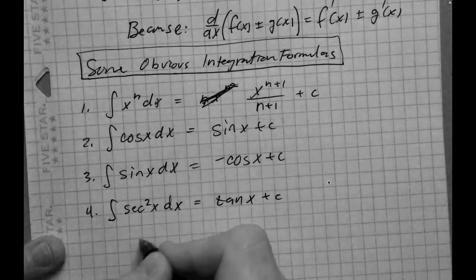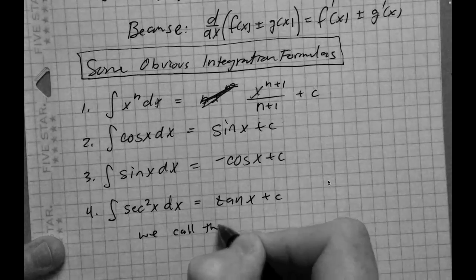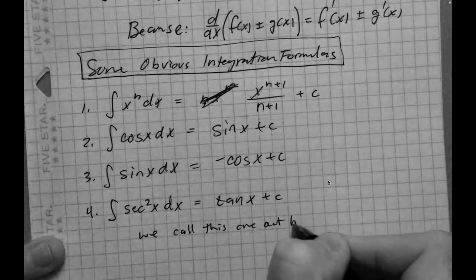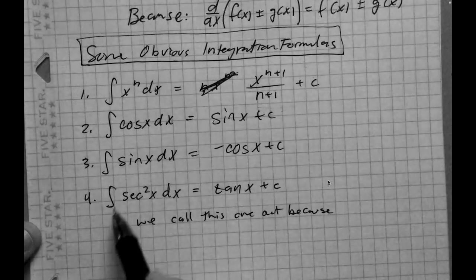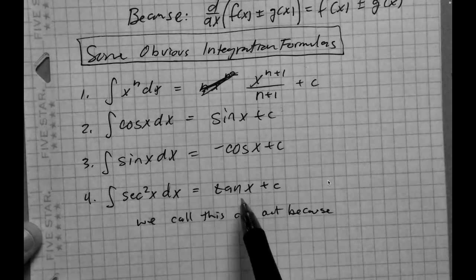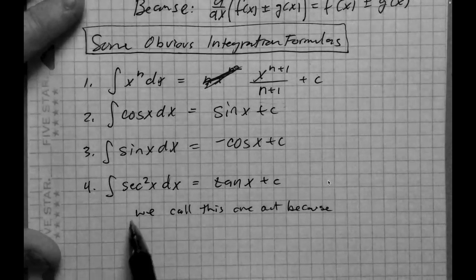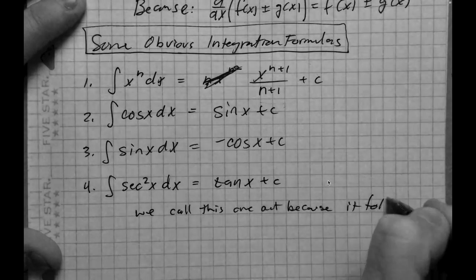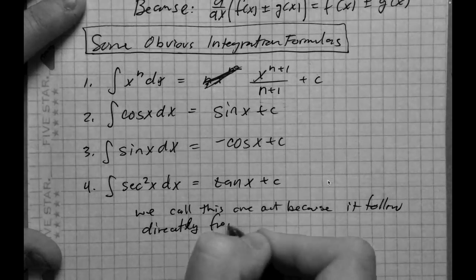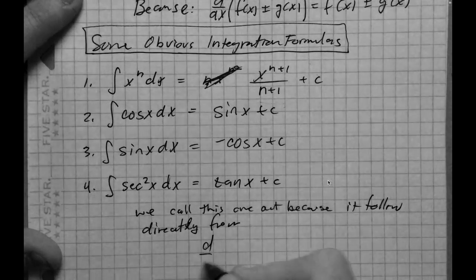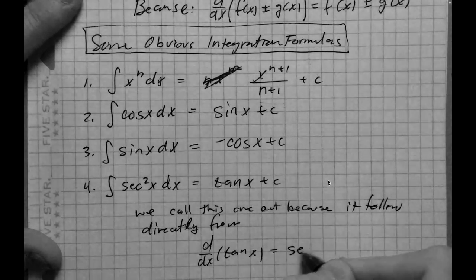We call this one out not because we're particularly interested in the integral of secant squared, but because it follows directly from the fact that d dx of tangent of x is secant squared.